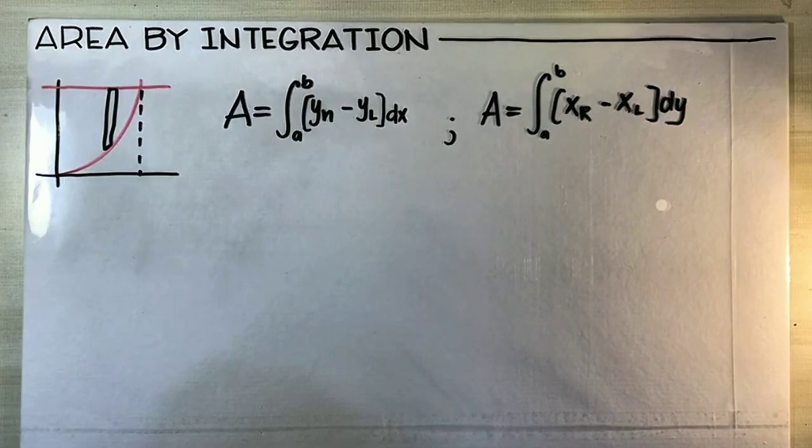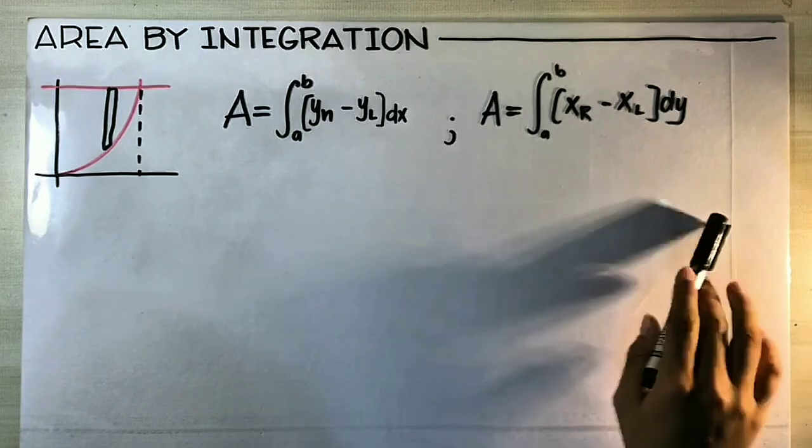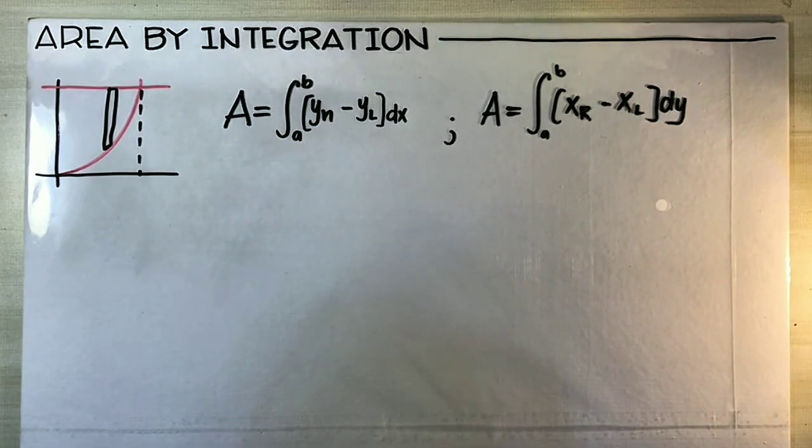So how did we come up to this formula? We know that the integral is used to add tiny pieces to find the whole of something. Since we use tiny rectangles under the curve to estimate the area, we need to sum infinitely many of these rectangles.